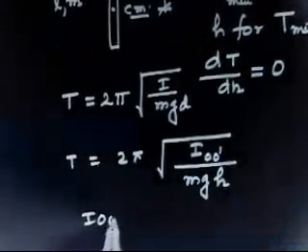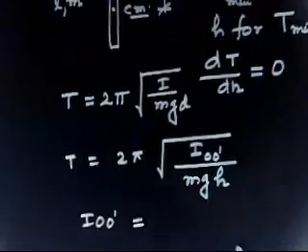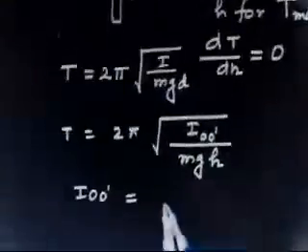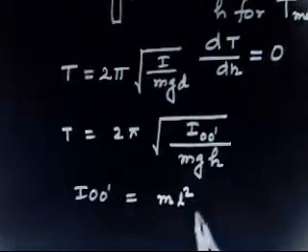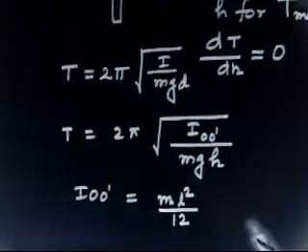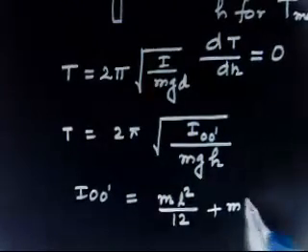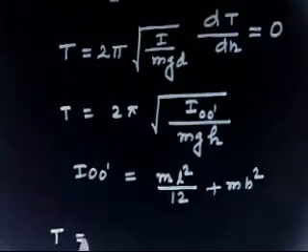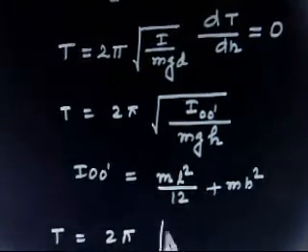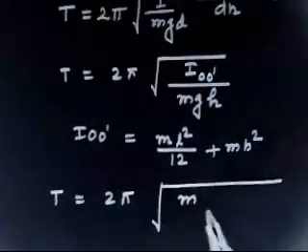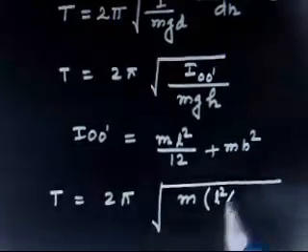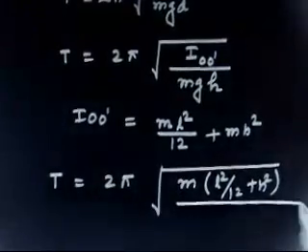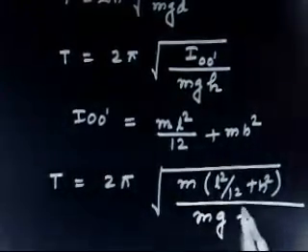I about O dash, now I can use the parallel axis theorem. The moment of inertia about the center of mass is mL square by 12, and then I have to add a term plus mh square. So this is I about O dash. Now the time period will be 2 pi under root, taking m common, we will have L square by 12 plus h square, all divided by mgh.